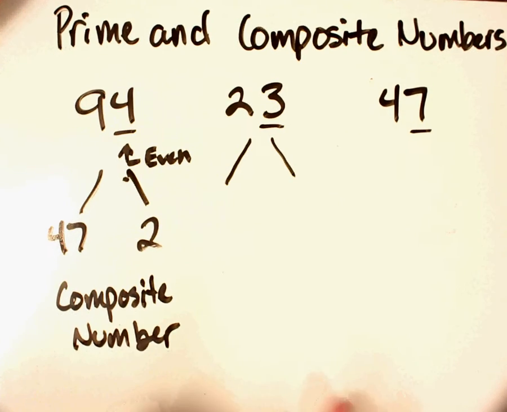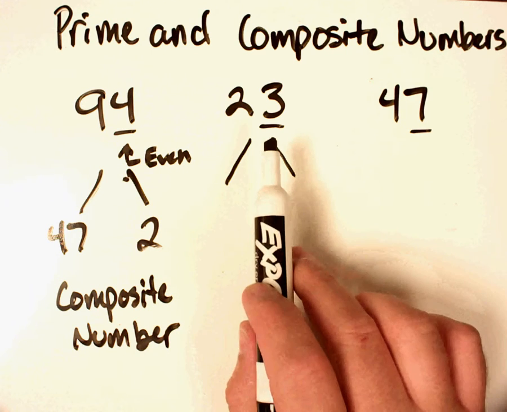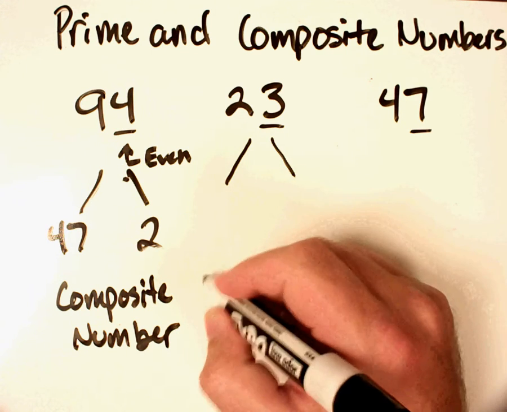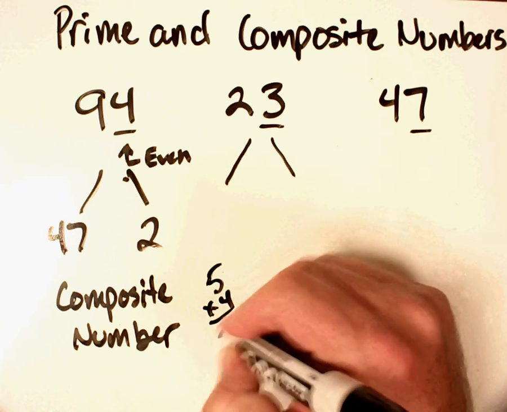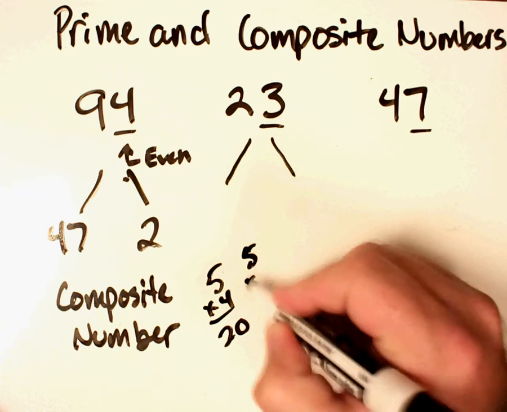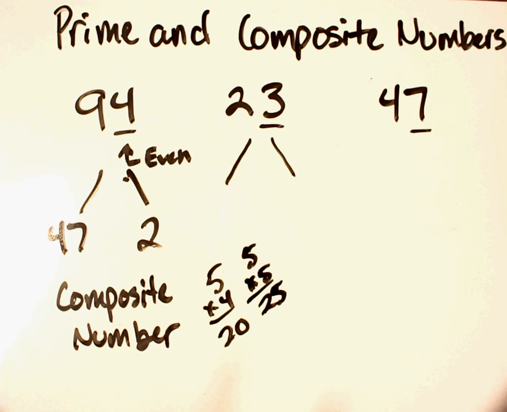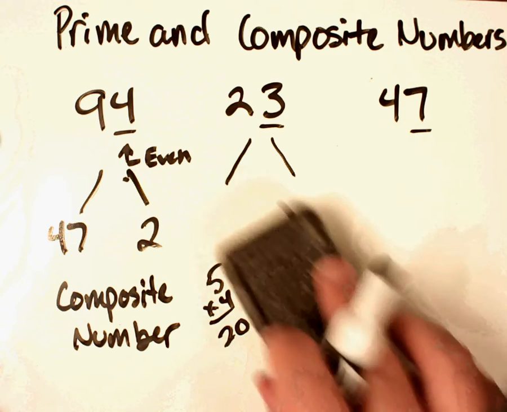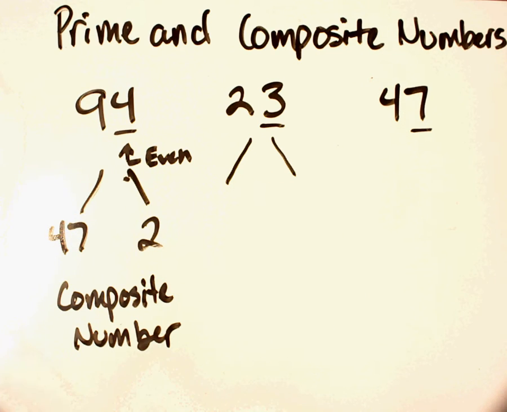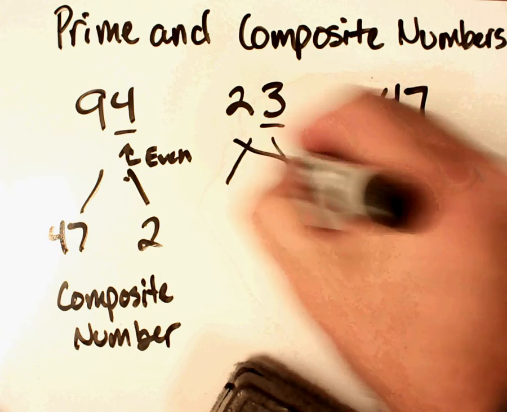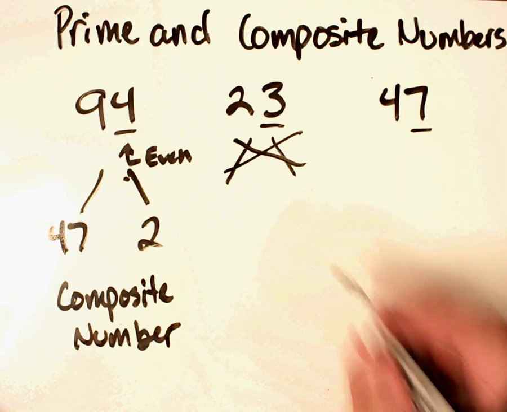I'll talk about 5s in a minute, but I can't divide it by 5 because I would have 20, let's see, 5 times 4 to give me 20, or 5 times 5 to give me 25. So it's looking like 23 can't be divided evenly. So, since there's no factoring going on, that means it is a prime number.